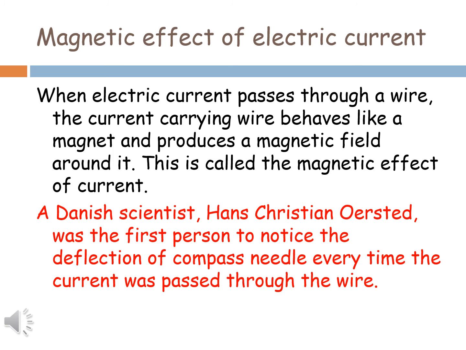This is known as magnetic effect of current. A Danish scientist, Hans Christian Ørsted, was the first person to notice the deflection of a compass needle every time current was passed through the wire. So this was how the magnetic effect of current was introduced.